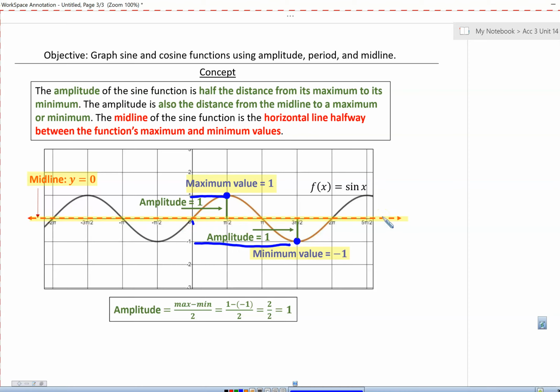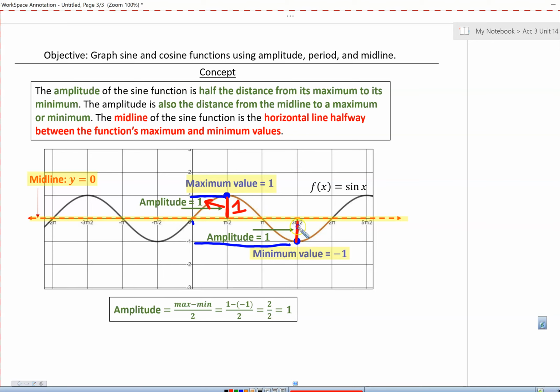The amplitude of a function is the distance from the midline to a maximum or a minimum. Our midline here is our x-axis, which is y equals 0. The distance at the maximum, which is 1 unit, is our amplitude. Not really that, because that's not always a 1.